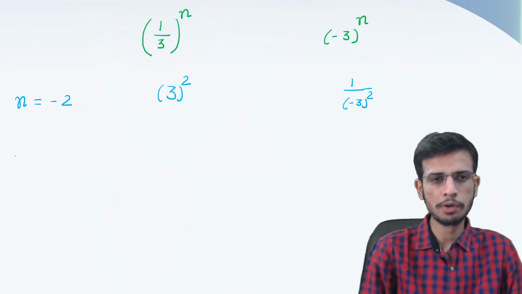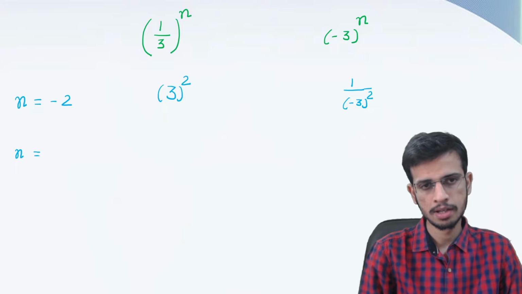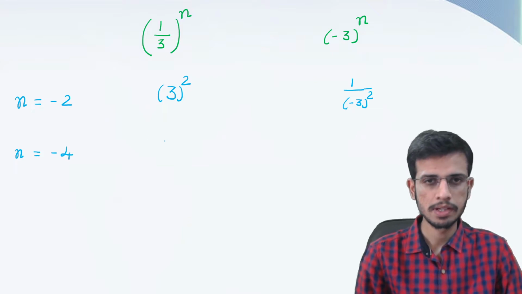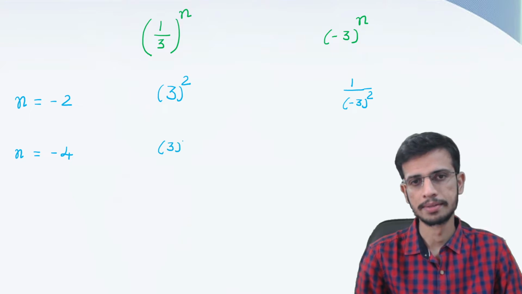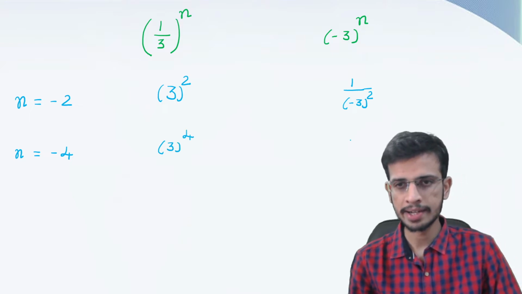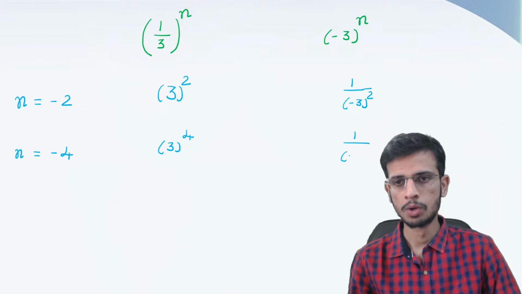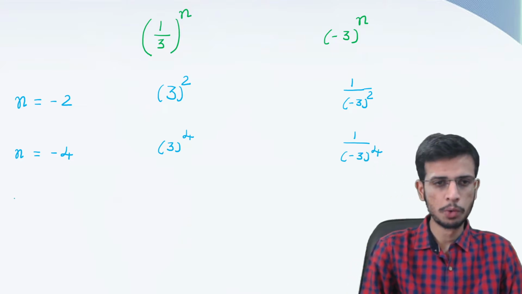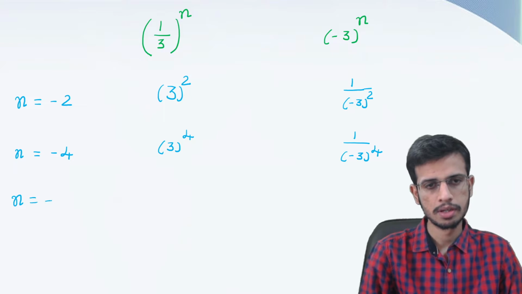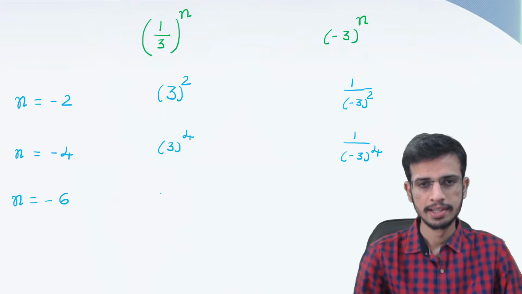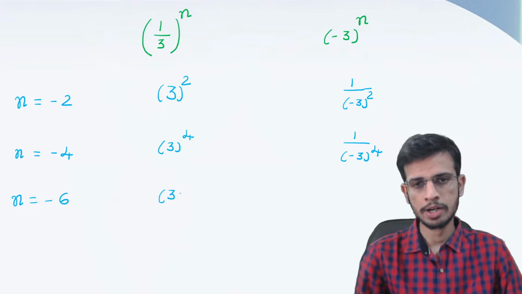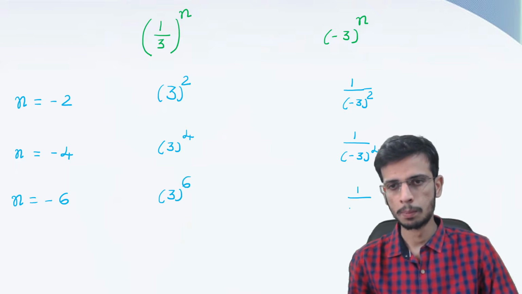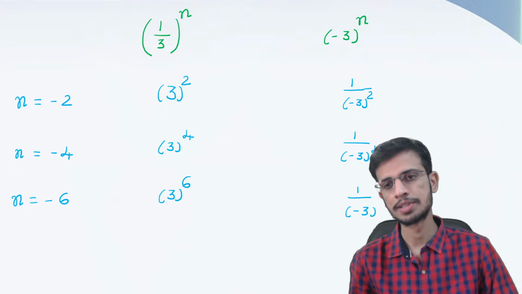If you put n equal to minus 4, then we will get 3 raised to 4, and here we get 1 upon minus 3 raised to 4. We can also put one more value, n equal to minus 6, and it will become 3 raised to 6, and this will become 1 upon minus 3 raised to 6.